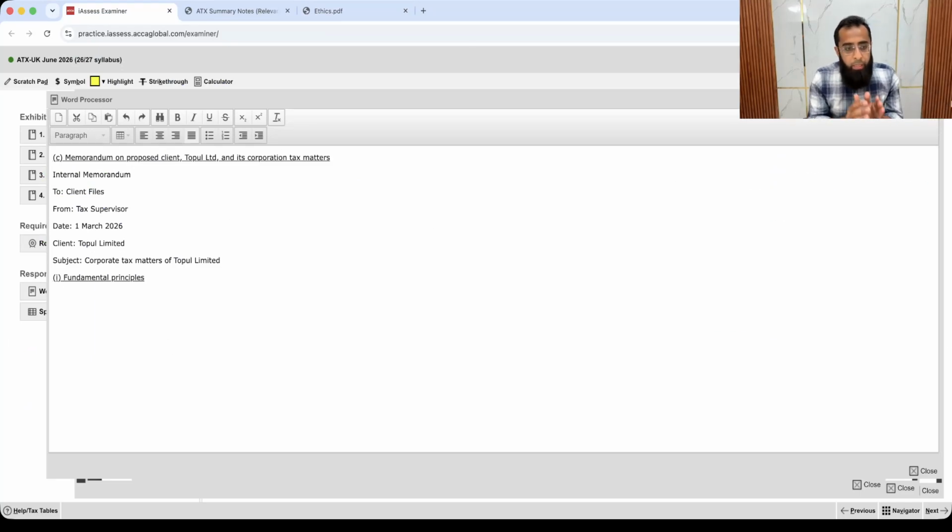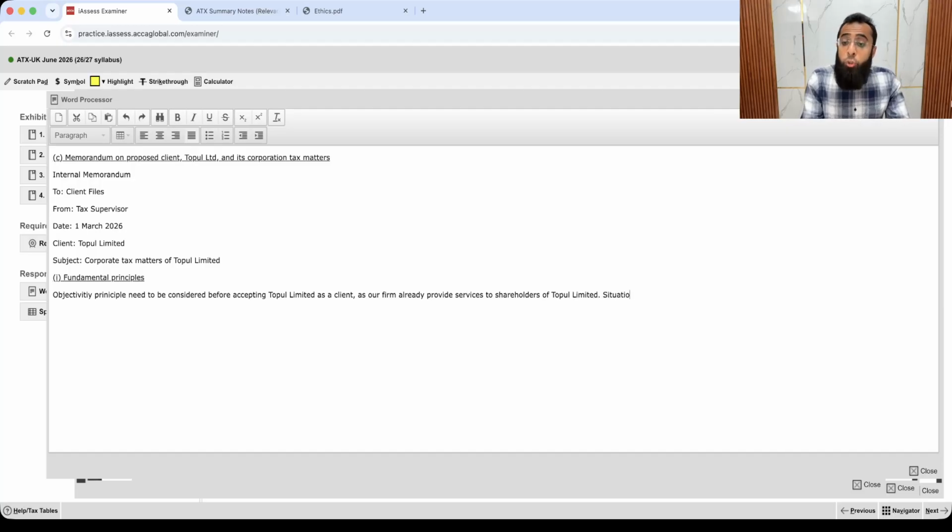Okay. So if we talk about fundamental principles, if we think about integrity, it's a new client, Topul Limited, so we need to think about the integrity of the directors and all. Objectivity, that we can relate to conflict of interest. Okay. So let's write first point on objectivity. Objectivity principle needs to be considered before accepting Topul Limited as a client, as our firm already provides services to shareholders of Topul Limited.